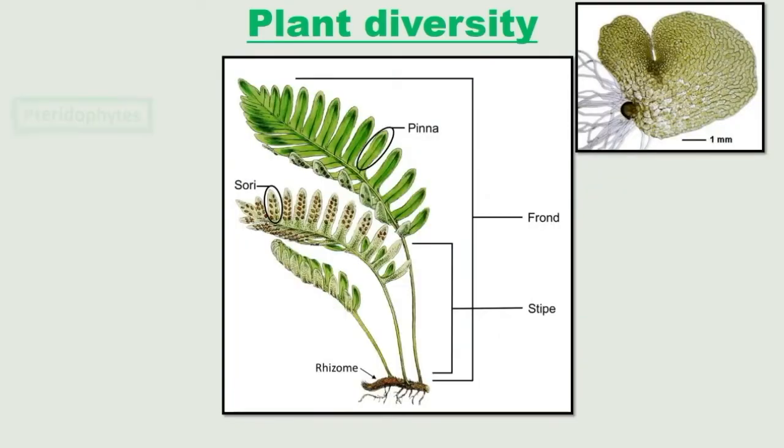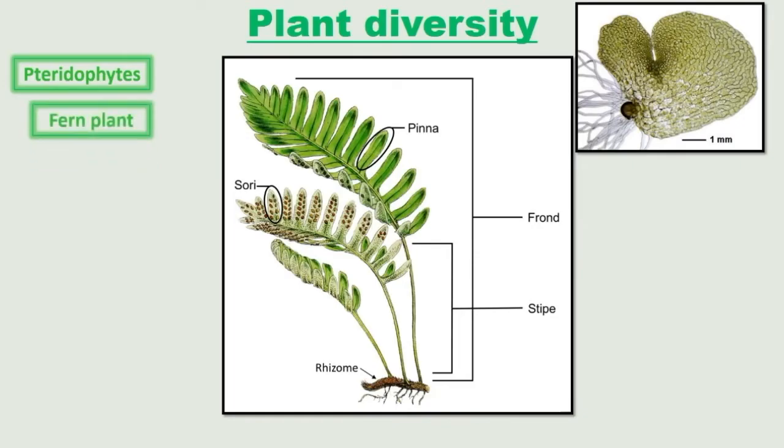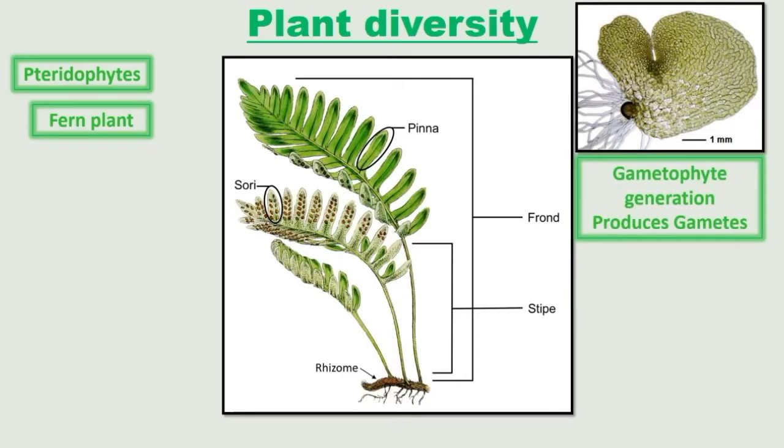Then our next plant division is the pteridophytes, and the example that we are looking at is the fern plant. The first section is my fern plant, and on the right-hand side, you will see the gametophyte, the one that forms a heart shape.